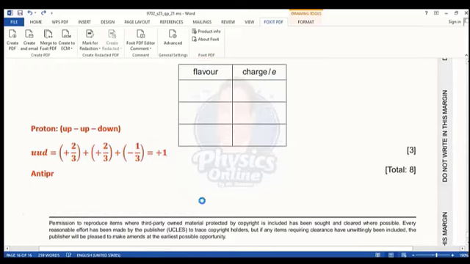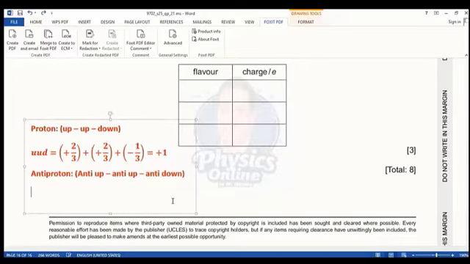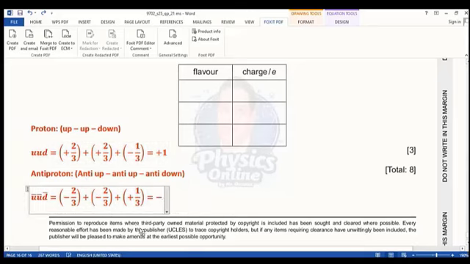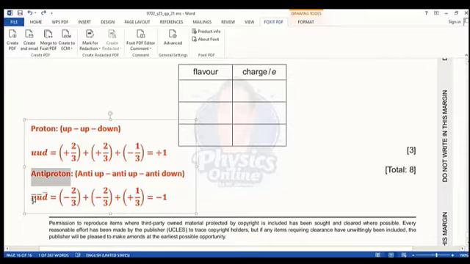Antiproton: it is made up of the antiquarks, anti-up, another anti-up, and anti-down. So it is made up of U bar, U bar, and D bar. What is the charge? It is the opposite of these charges, and the sum of them is negative 1, which is the charge of the antiproton.